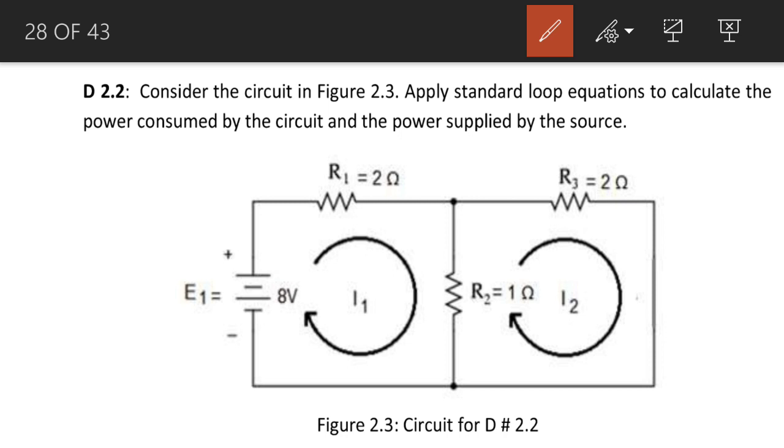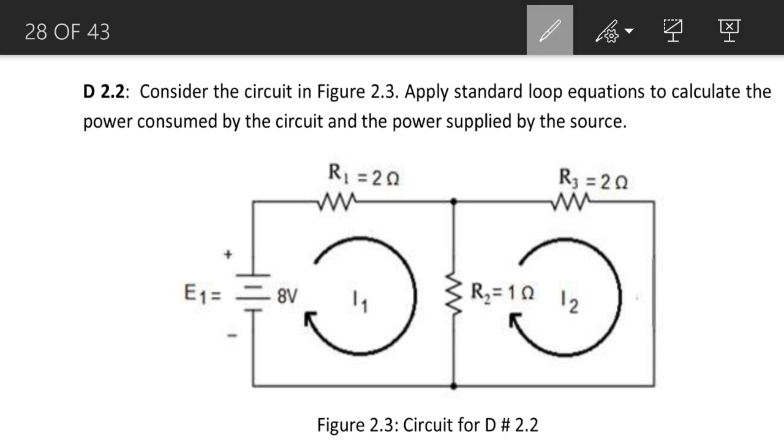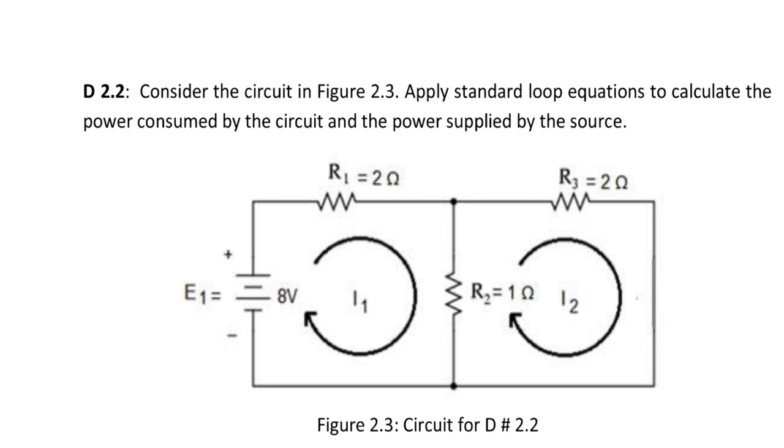So we are going to consider the standard loop equations directly in the matrices format, and the size of the R matrix will be 2 by 2. So we consider the standard loop equations for the circuit of example number 2.2 in the matrices format.